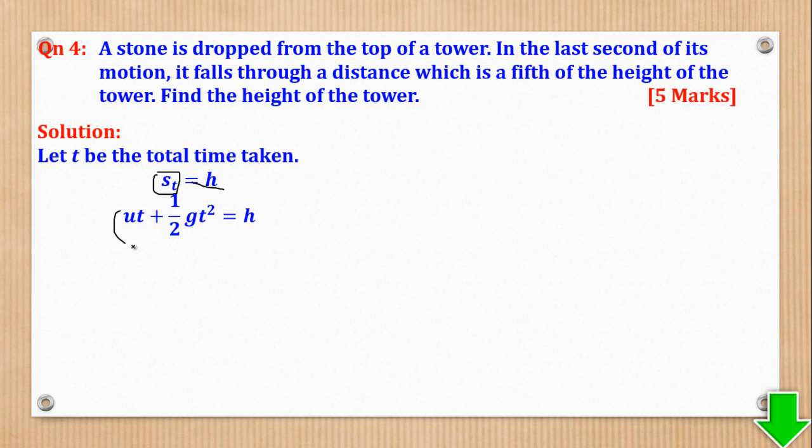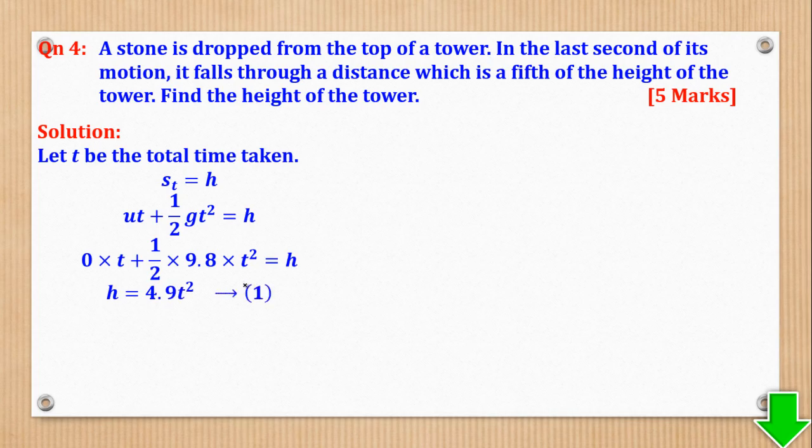Therefore, when I substitute using the second equation of motion, u is 0 because they said dropped, and g must be substituted. So we'll come up with equation 1. Then also, they said in the last second, meaning that the distance moved in the last second is s at t minus s at t minus 1.